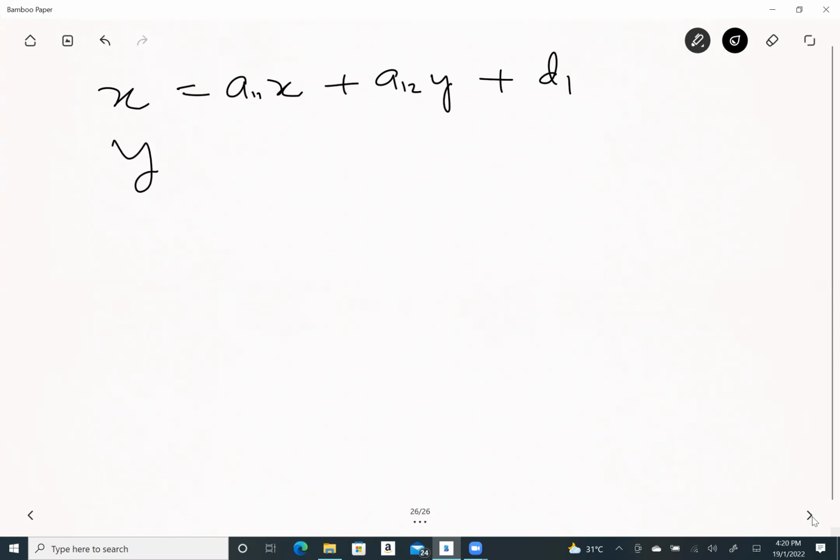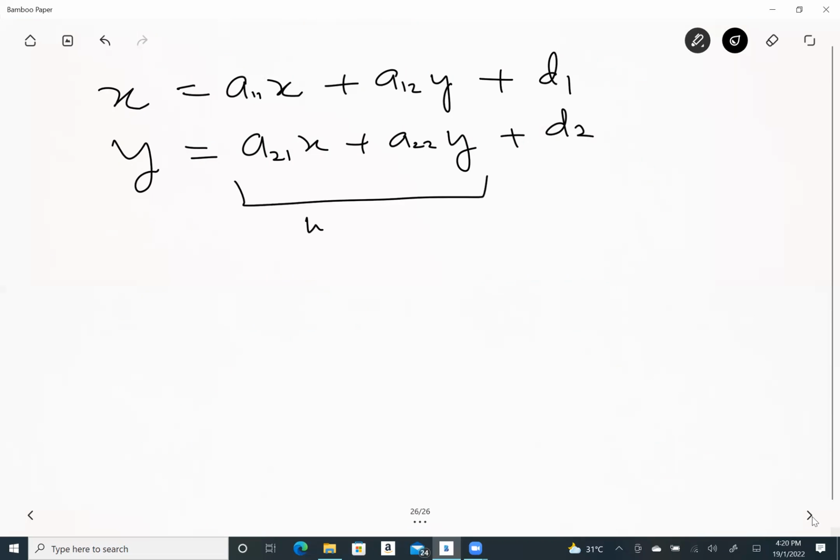And then similarly for Y, it will be A21X plus A22Y plus D2. Okay, this is the use, the use as inputs.